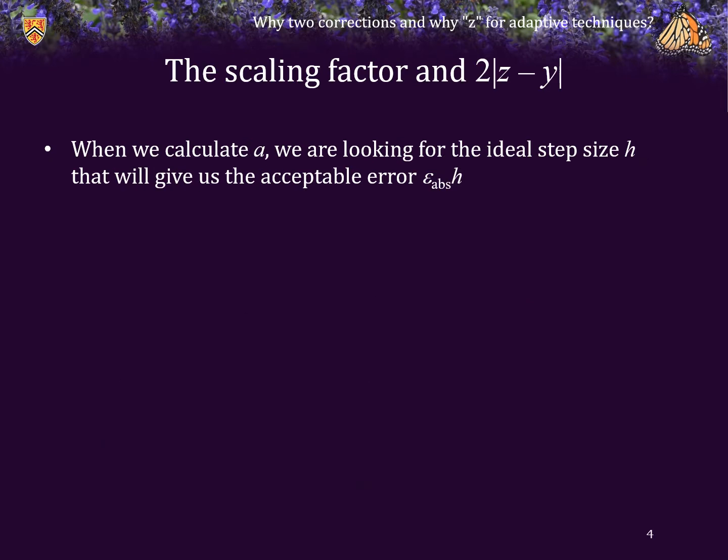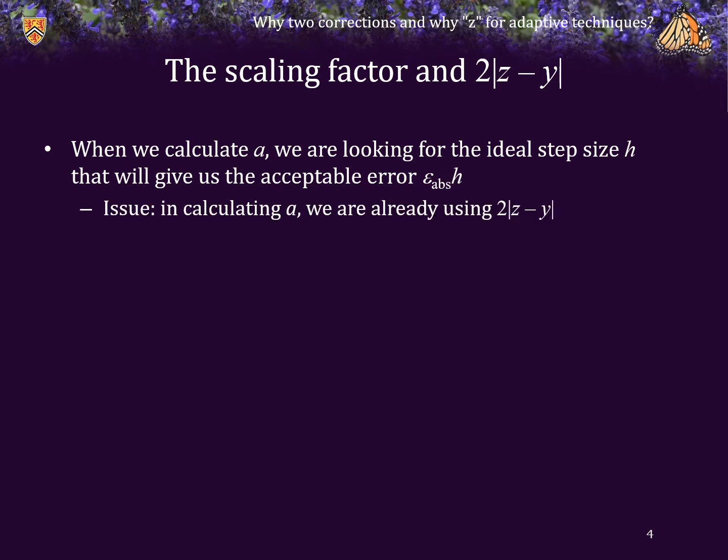Now recall why we calculate A. We're calculating the scaling factor A because we're looking for the ideal step size that ensures that the error with the next calculation will be epsilon abs times H. That is the maximum error per unit time times the width of the interval.